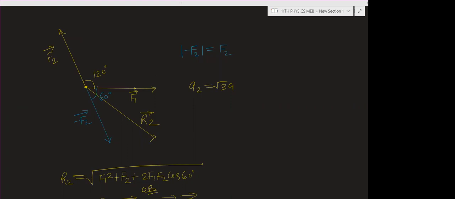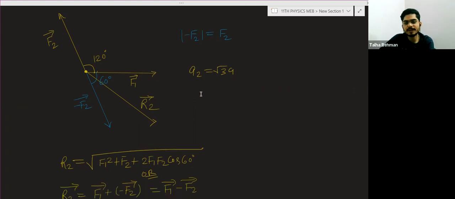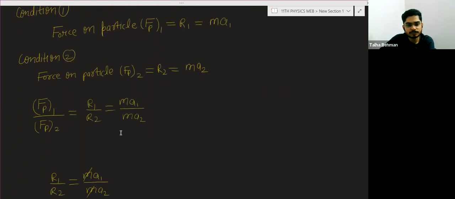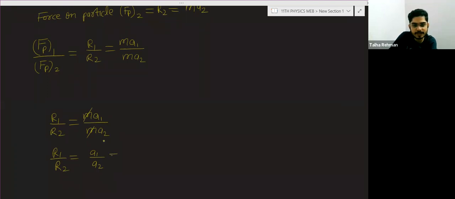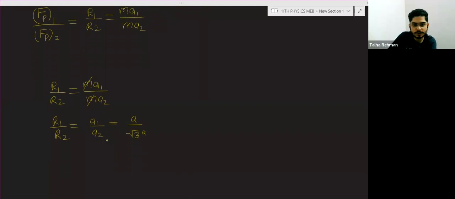So you can find the ratio of a1 by a2. a2 is root 3 into a, so you will get 1 by root 3. So you will have R1 by R2 is equal to 1 by root 3.